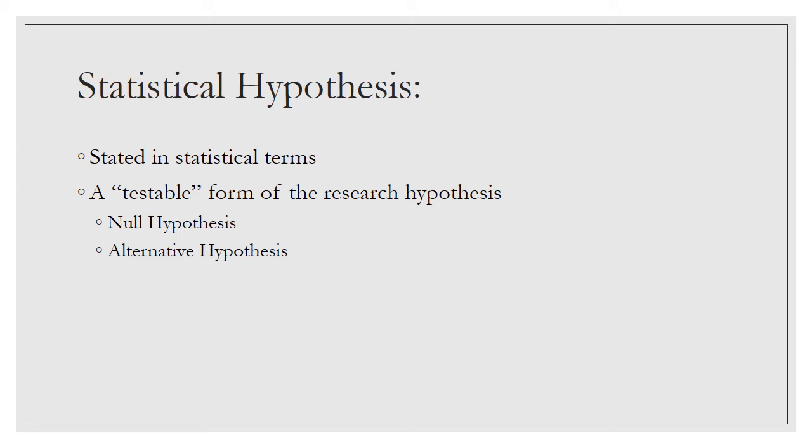So if in the population, on average, people are scoring a value of 70 on tests, and I have a sample, a subgroup of that population, and I give them some sort of treatment effect, maybe some education or training, then I might think that they would be different than the general population. If I give a direction of that difference, we have a directional hypothesis. If I give no direction, I just say they're going to be different than the rest of the population, then we have a non-directional hypothesis.